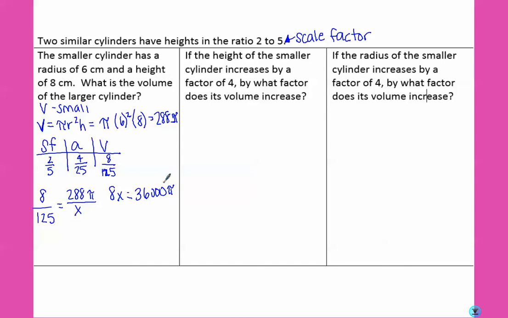Then we'll divide both sides by 8, and we get that the volume of the larger cylinder is approximately 14,137.2 centimeters cubed.